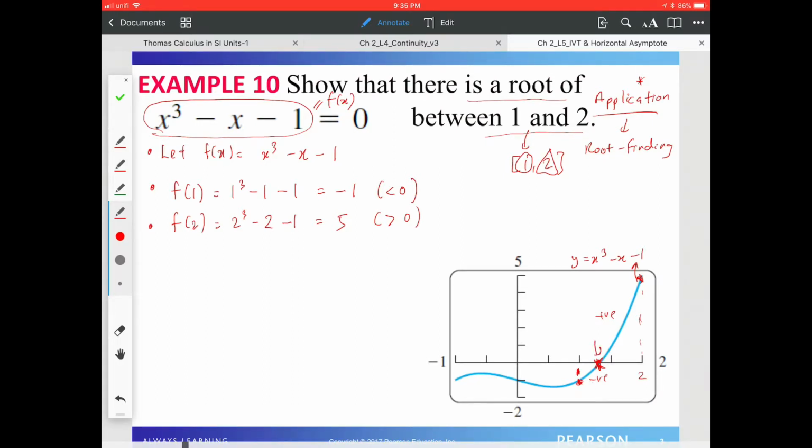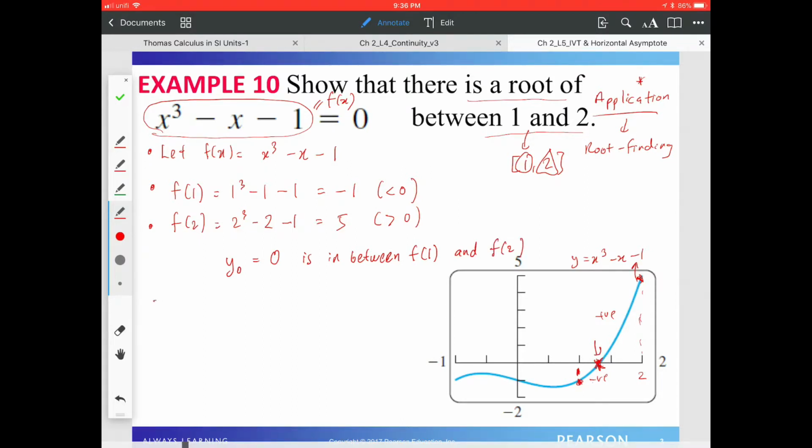At this location, we call it y naught because it is the x-axis, y equals 0, to be compatible with our IVT theorem. y naught equals 0 is in between f(1), which is our negative number, and f(2).